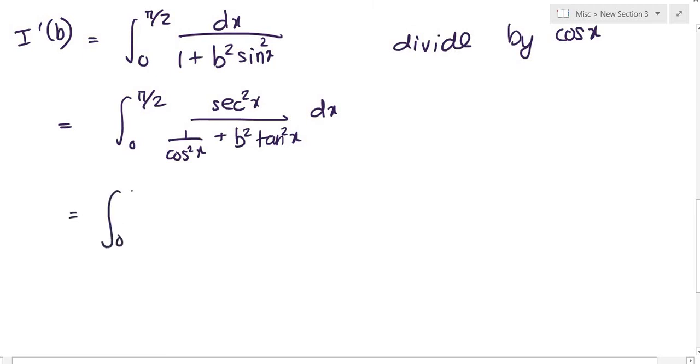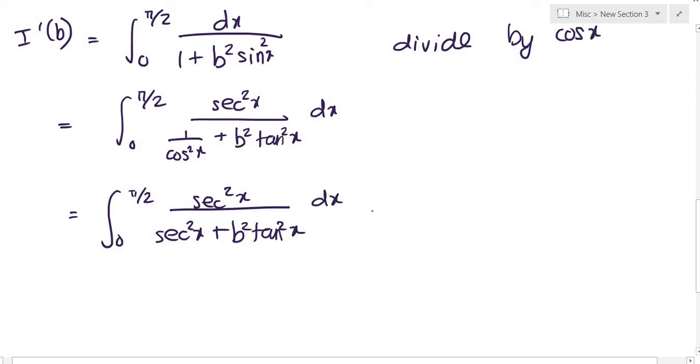So we can simplify the denominator a little bit. We have secant squared x over 1 over cosine squared x, which is secant squared x again, plus b squared tangent squared x, dx. Now we know that the secant squared x can be written as 1 plus the tangent squared x.